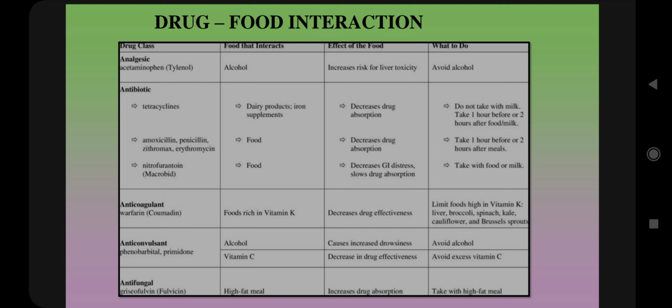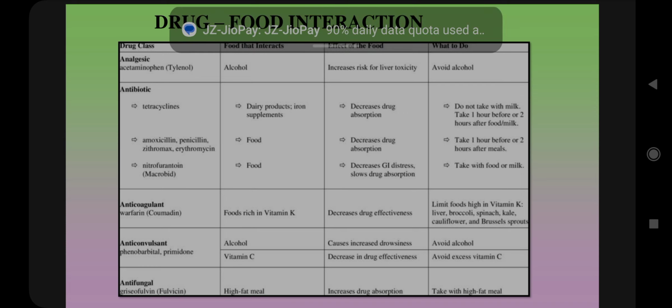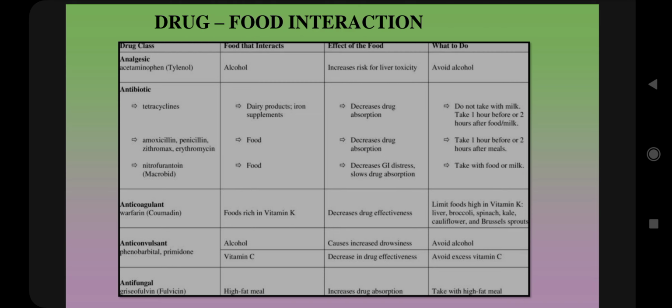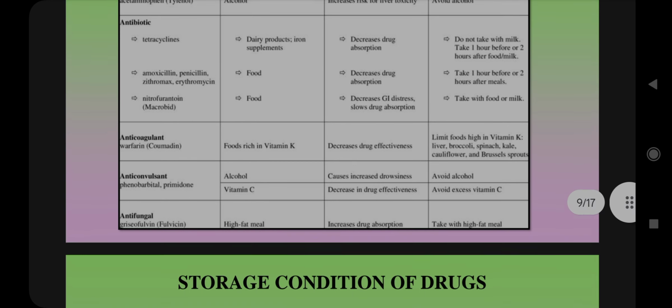Anticonvulsants include drugs like phenobarbital and primidone. They should not be taken with alcohol and vitamin C, as alcohol will increase drowsiness, whereas vitamin C will decrease the drug effectiveness. So we should avoid both.